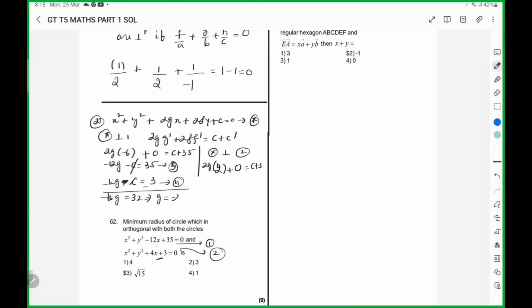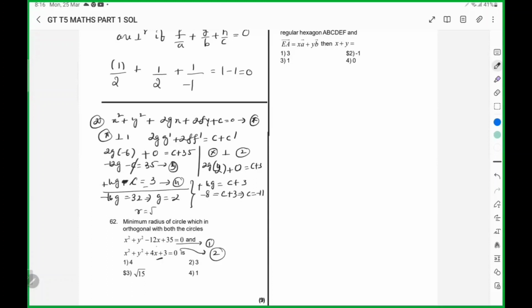G here is minus 2. Once g is minus 2, you take any relation. Here it is 8: 2gg' + 2ff' plus 8. G value, it is 4g. G value is minus 2, minus 8 + c. C here is minus 11.